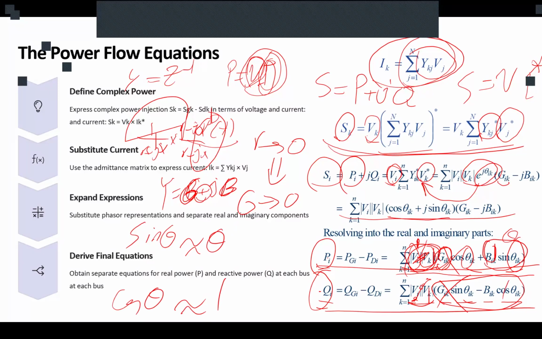What happened to our P and Q? Our P becomes voltage I, voltage J, theta I J, and this B here. Correct? And our Q becomes voltage I, voltage J, B, done.